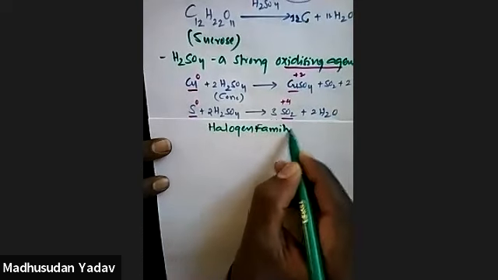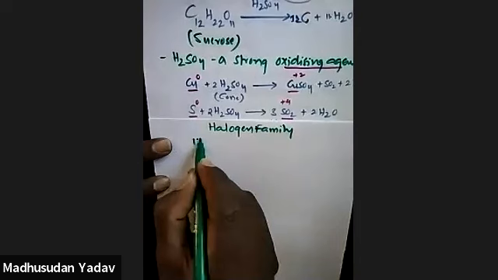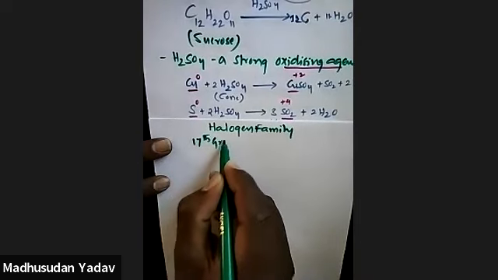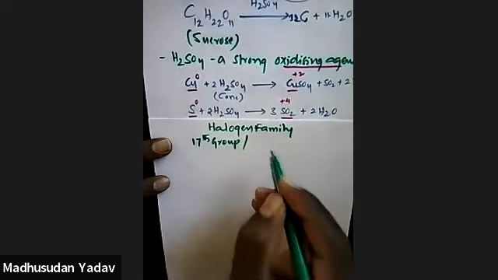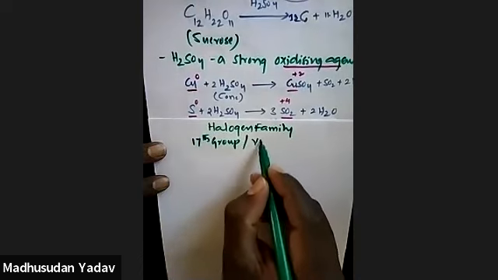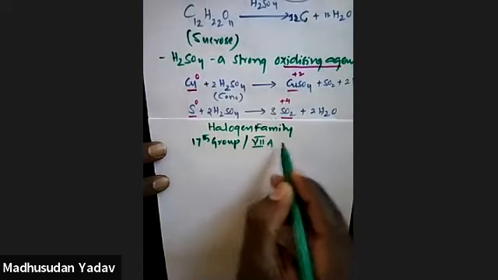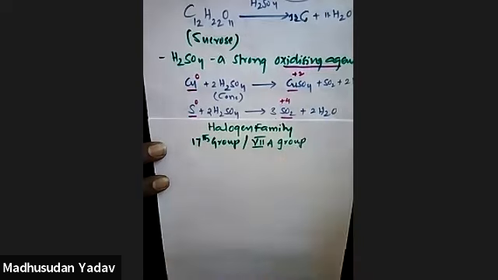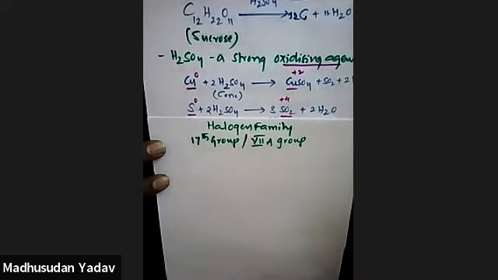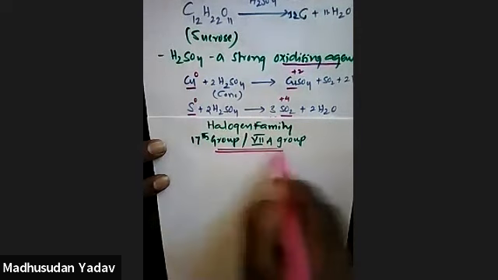Halogen family, or it is also called the 17th group elements or 7th A group.